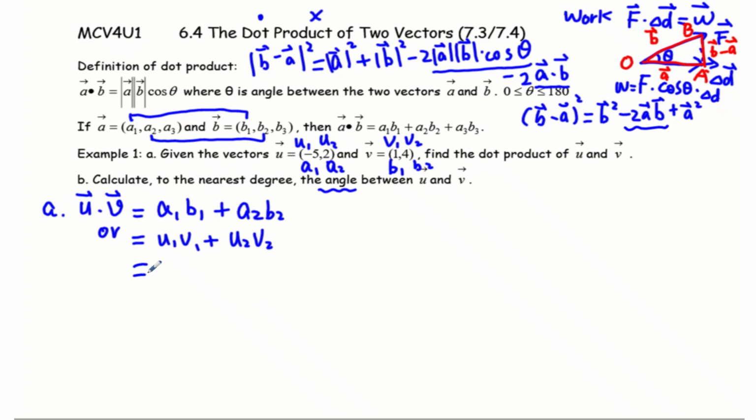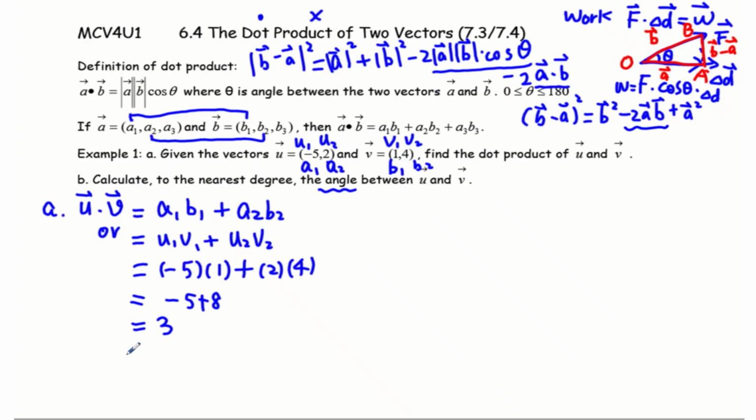Then we sub in the numbers. So -5 times 1 plus 2 times 4. So integers multiplying, dividing again. So -5 plus 8 give us 3. So the dot product give us a scalar. So work is a scalar.